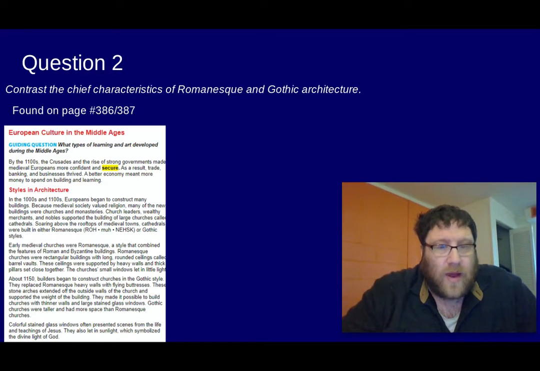They replaced Romanesque heavy walls with what are called flying buttresses. These stone arches extended off the outside walls of the church and supported the weight of the building. They made it possible to build churches with thinner walls and large stained glass windows.